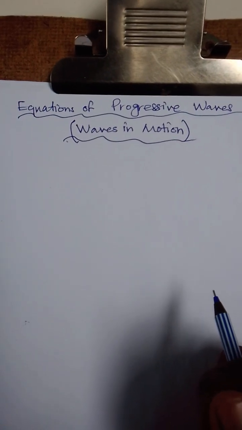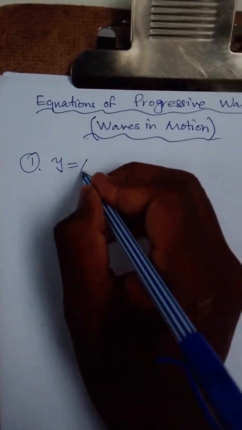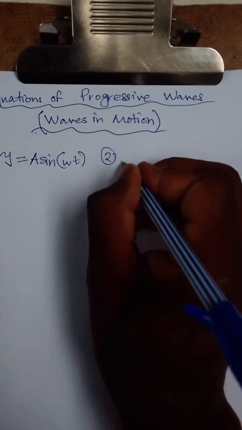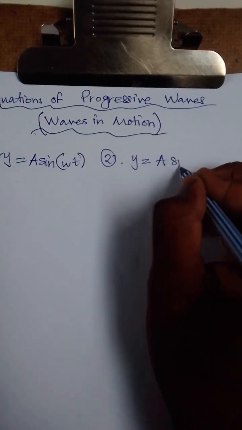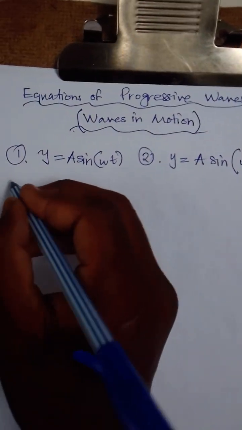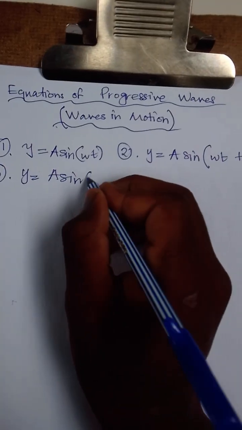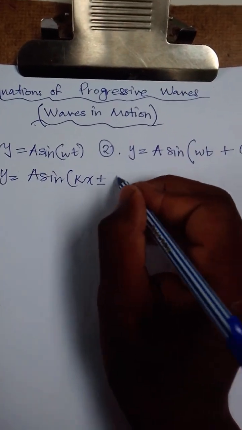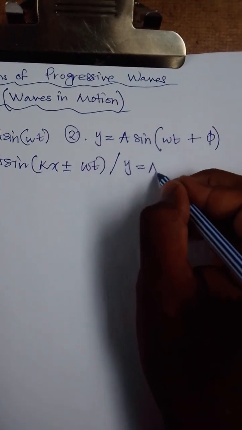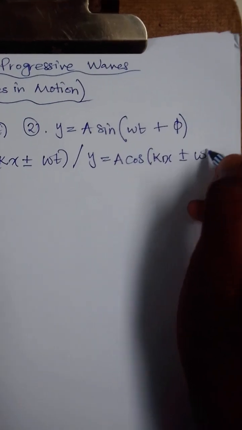I'm sure you've seen the equations before. They would look like this: y is equal to a sine wt, y is equal to a sine wt plus the phase angle, and y is equal to a sine kx plus or minus wt, or they can write it as y is equal to a cos kx plus or minus wt.